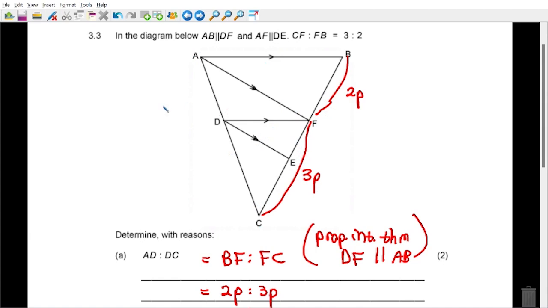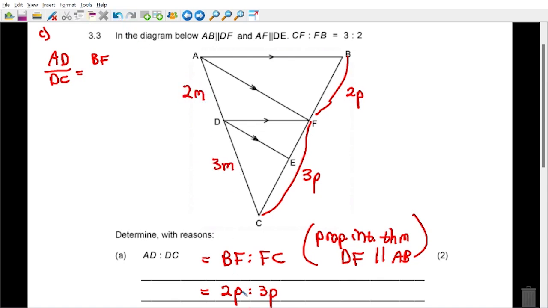What I do know is that AD to DC, this is the answer to question C, is going to be the same as BF to, it's going to be the same, yeah. We already know that AD to DC is actually 2 is to 3. So what I'm going to do here is put, for example, 2m and 3m.